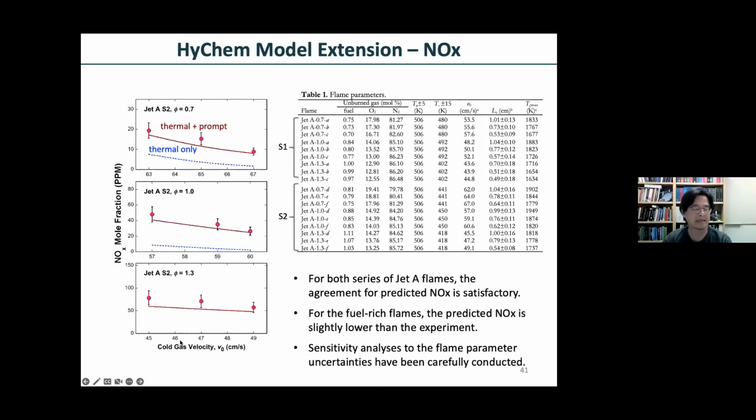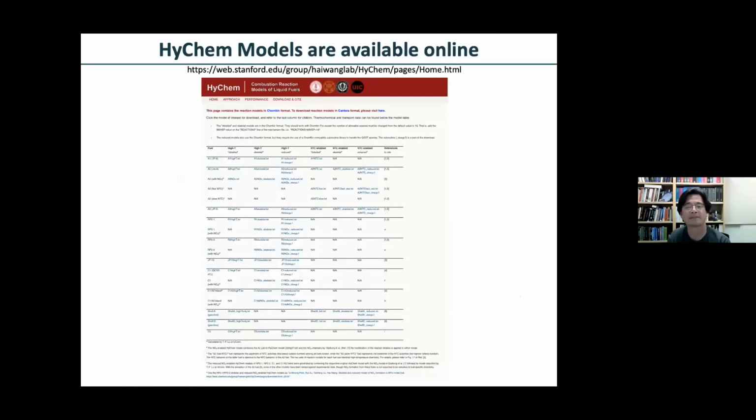I can plot equally the strain rate, but since chemists don't understand what the strain rate is, for the paper to be well reviewed, I just use cold gas velocity. But down below is really just a strain rate, okay? And when the cold gas velocity increases, your strain rate increases, the reaction time drops, therefore your NOx concentration drops. So the lines are HyChem prediction, symbols are experiment, and you have to agree with me. Without tuning any parameter, it works well.